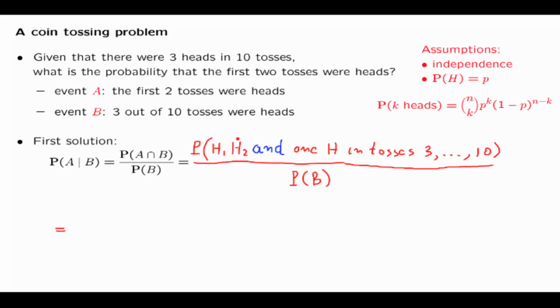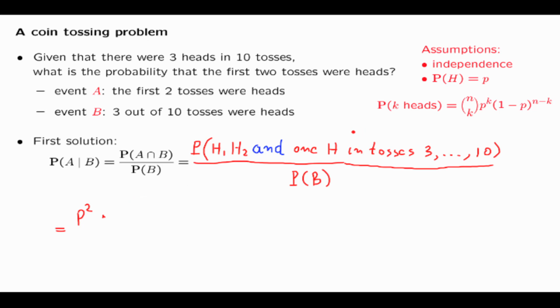So the probability of these 2 events happening is the product of their individual probabilities. So we first have the probability that the first 2 tosses were heads, which is p squared, and we need to multiply it with the probability that there was exactly one head in the tosses numbered from 3 up to 10. These are 8 tosses.